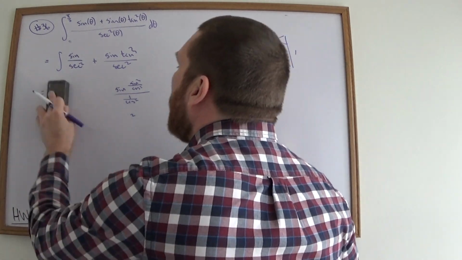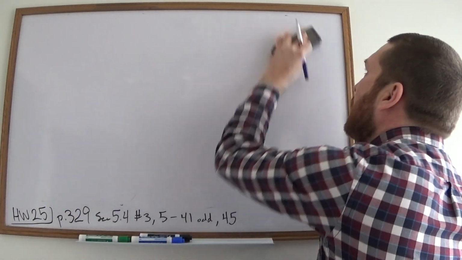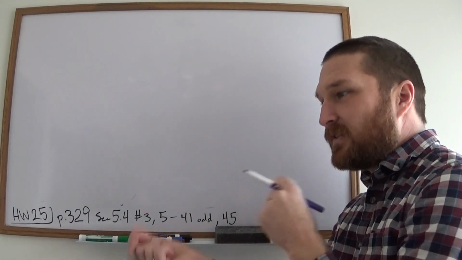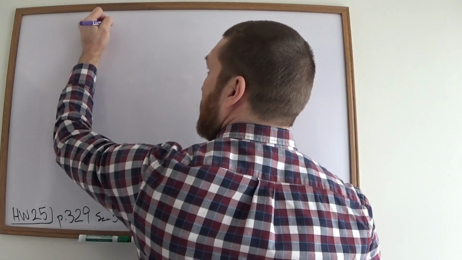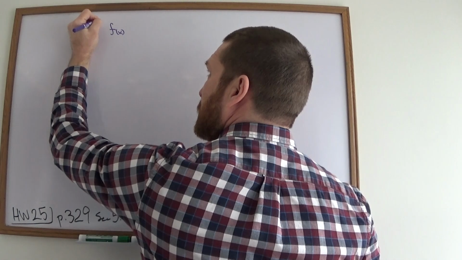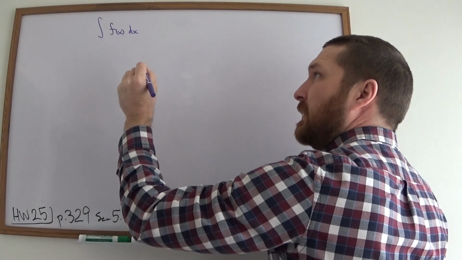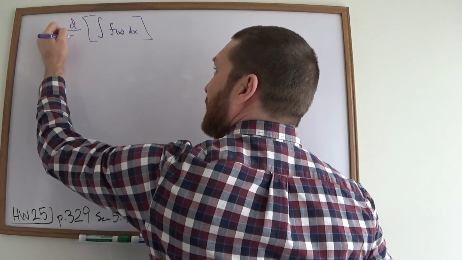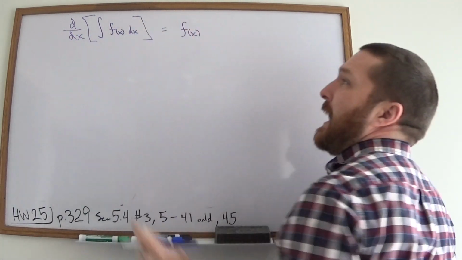Okay, so one of the things is... differentiation and integration are like inverse operations, right? Like if you take a function and you integrate it, and then you take its derivative, you just get the original thing back, right?